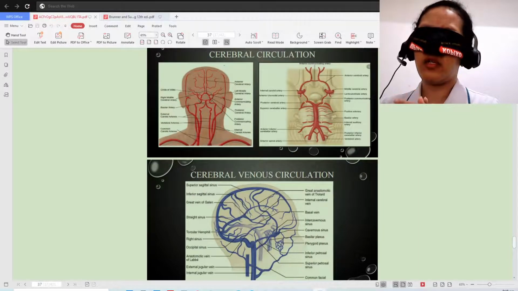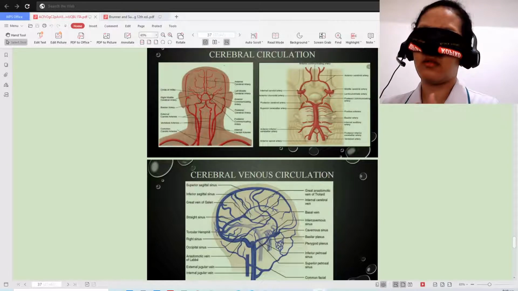And then the posterior communicating artery connects the internal carotid artery and the posterior cerebral artery.